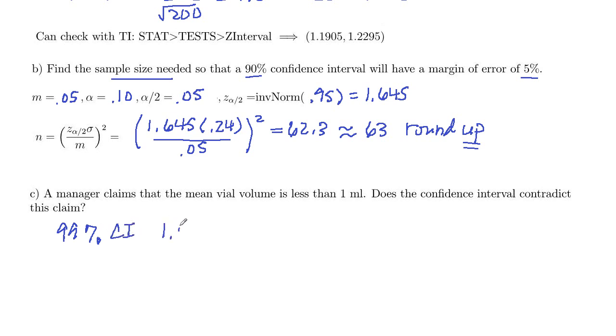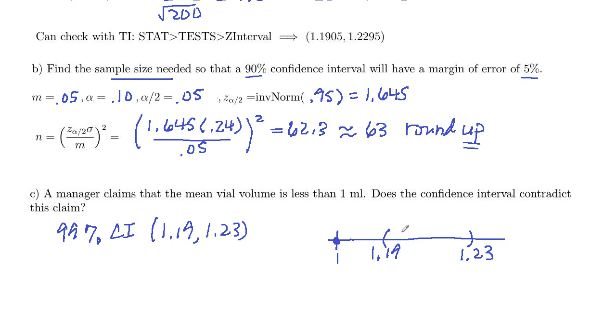If you graph that on the number line, you've got 1.19 here and 1.23. And the manager is claiming that the volume is less than 1 milliliter. So that 1 is down here below the 1.19.